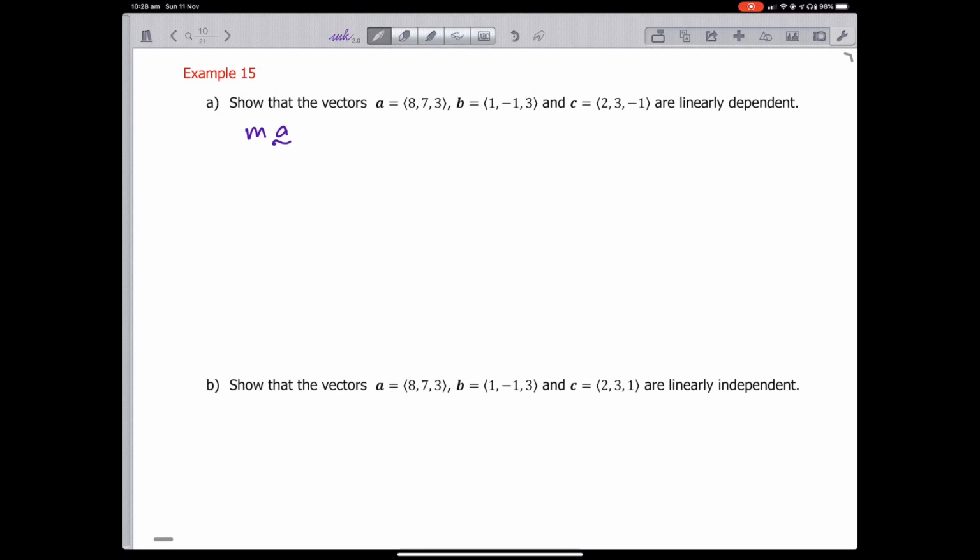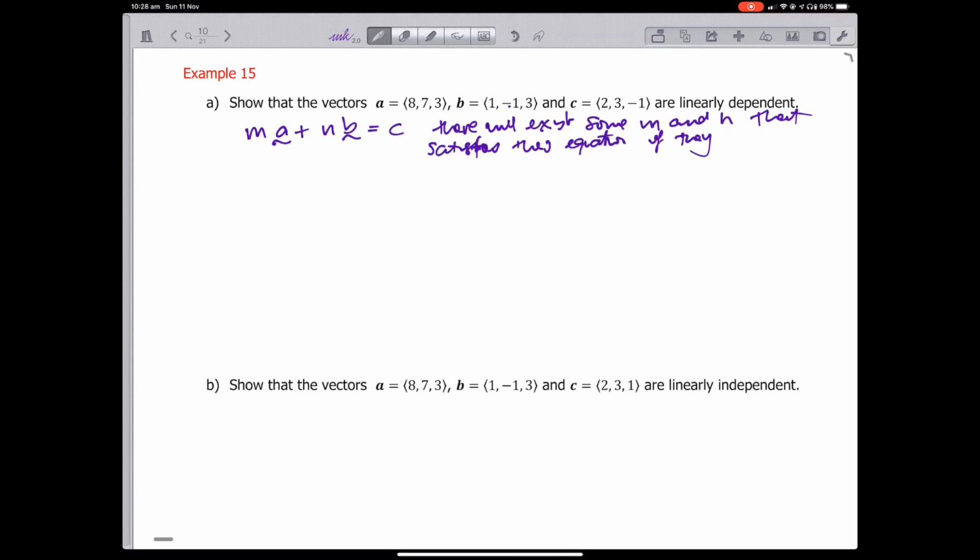M A plus N B will equal C if there will exist some M and N that satisfies this equation, if they are linearly dependent. And that would mean that they lie in the same plane. They're in 3 dimensions, but they lie in the same plane in 3 dimensions. So if I put a piece of paper, they'd all lie in that plane.